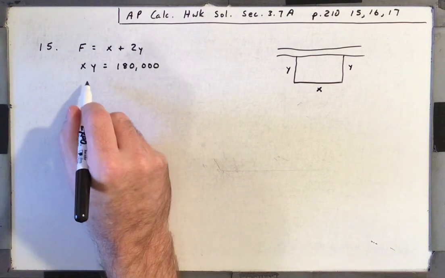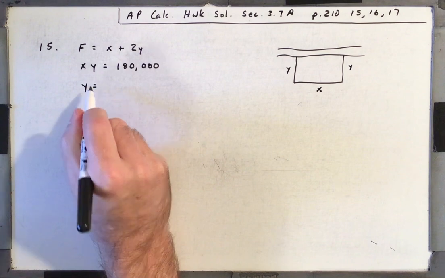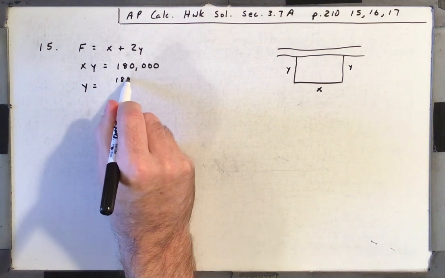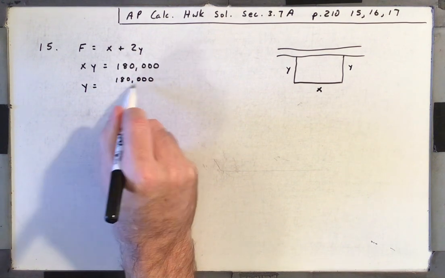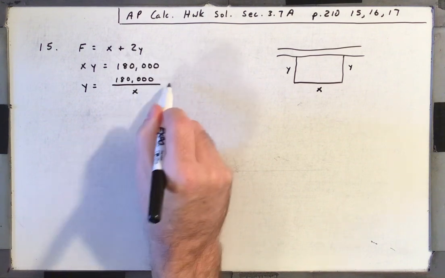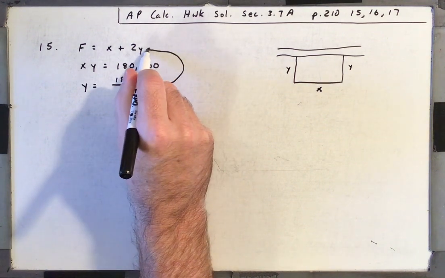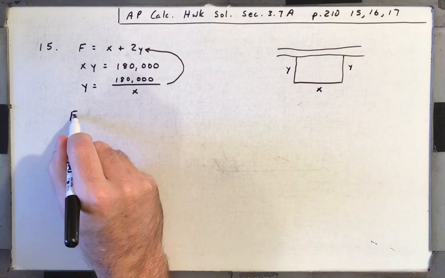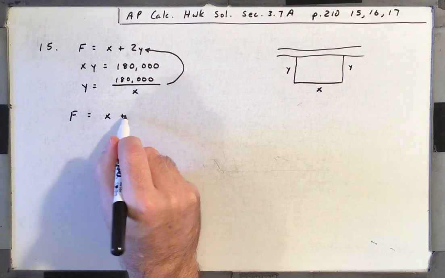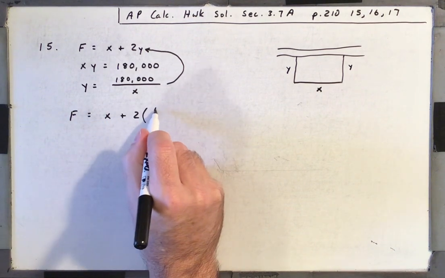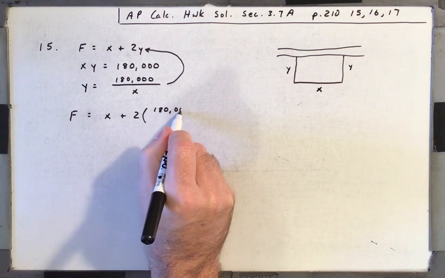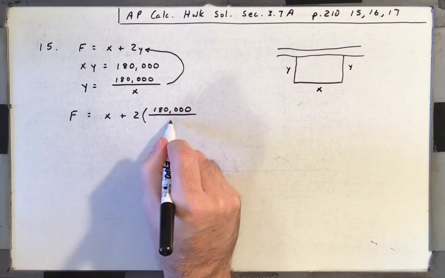We can just say that y is equal to 180,000 over x, and substitute that in right there. So now I have F is equal to x plus 2 times 180,000 over x.